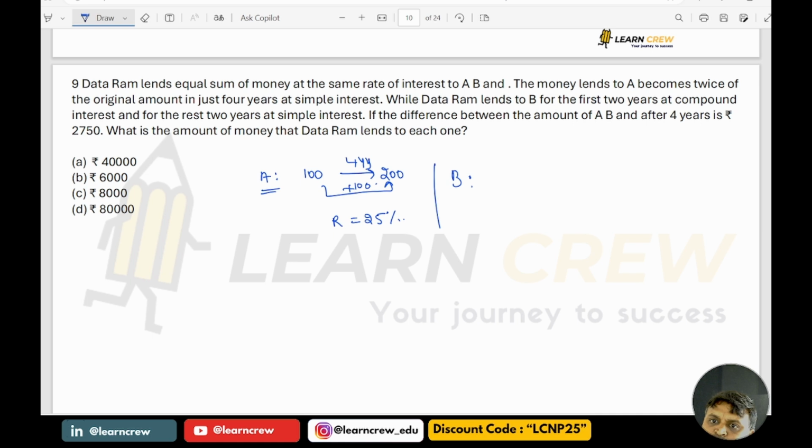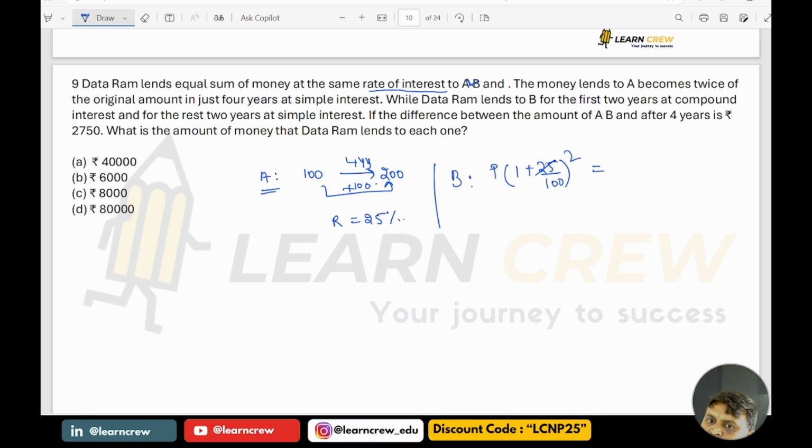While Ram lends to B for the same rate of interest, for the first 2 years on compound interest. Then if he is giving some principal amount P into 1 plus 25 by 100, P into 1 plus R by 100 whole square.